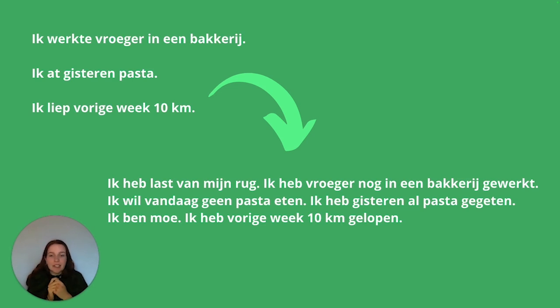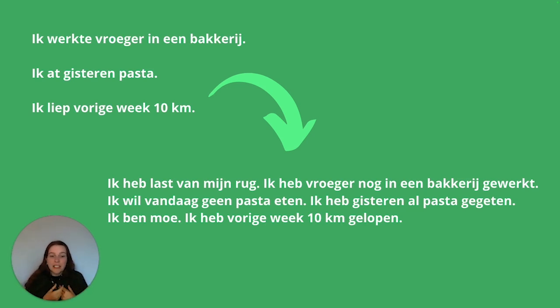So for example, if you would be saying, ik heb last van mijn rug, I have a pain in the back, because when I was working in a bakery, ik heb vroeger nog in een bakkerij gewerkt. Or, ik wil vandaag geen pasta eten, because yesterday I ate pasta already. Ik heb gisteren al pasta gegeten. Or, for example, ik ben moe.